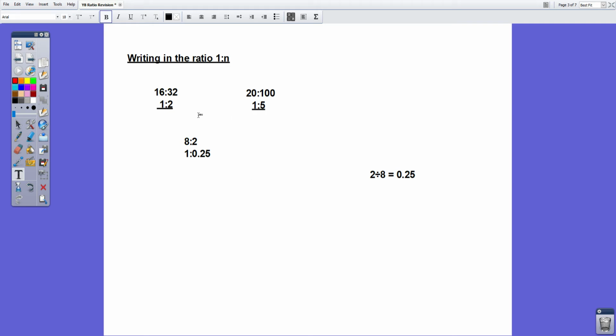So we've got to watch out for those in particular. They're the ones that we have to be most careful with. The main thing to remember is whatever we divide the first number by, we have to divide the second number by the same.